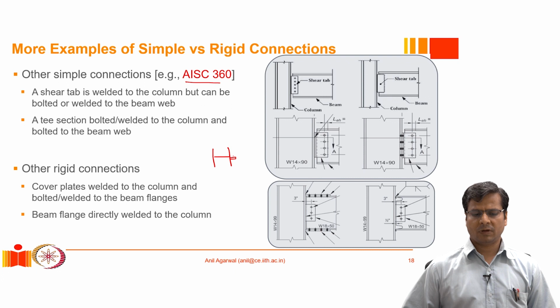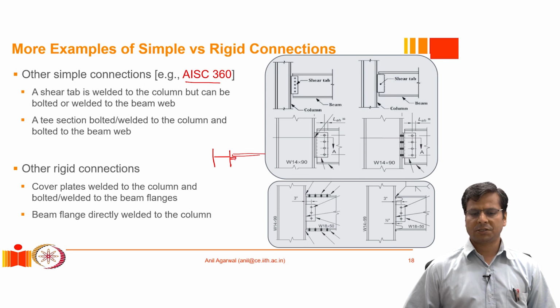Let me draw it again. One plate, and then this is the web of the beam. And now how do we connect this plate to the column? The only way to do that is to weld it, because there is not enough width available for us to bolt it. So then we have only one option, to weld the shear plate.